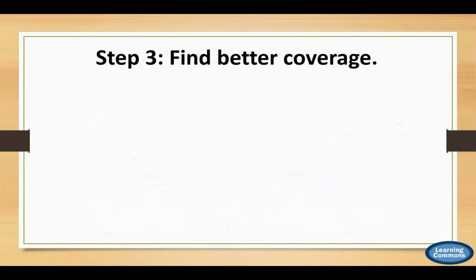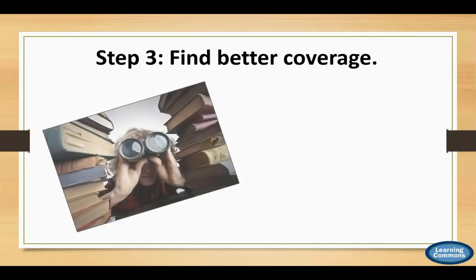Step 3. F is for find better coverage. This is a way to build on the momentum of Step 2 and keep up with that lateral searching. If you find information that would make the average person feel a little skeptical, don't let it go. Keep poking around. Find other sources that are sharing the same info. If no other source out there is making the same claims, that's fishy. If the only info is being offered by sources that seem biased, that's fishy too.